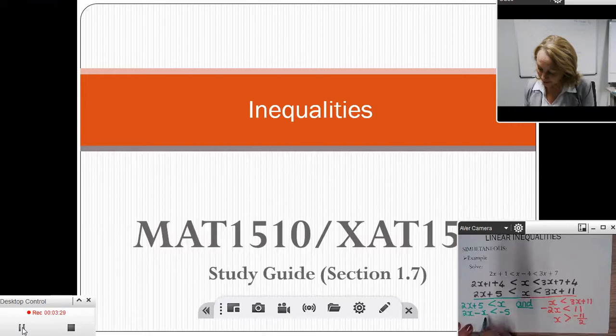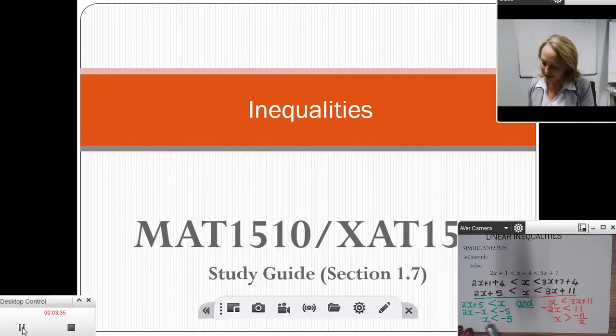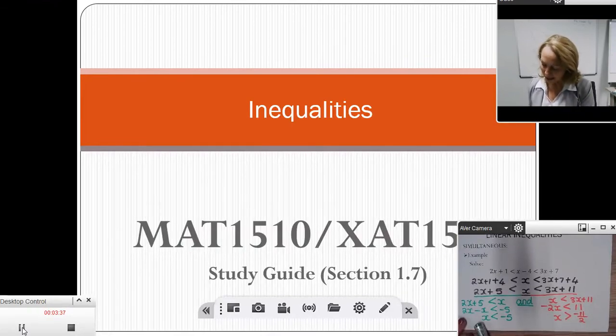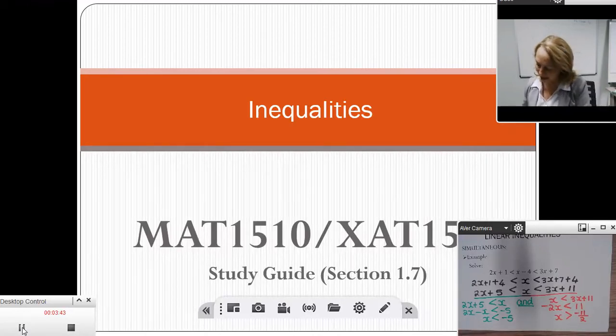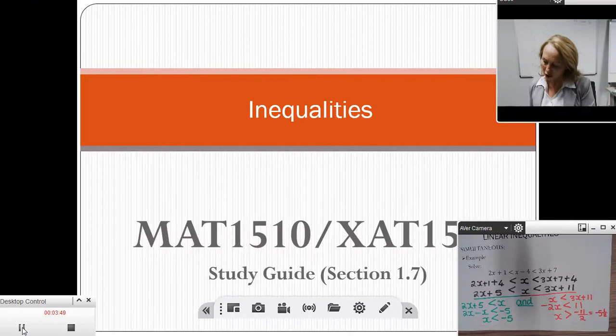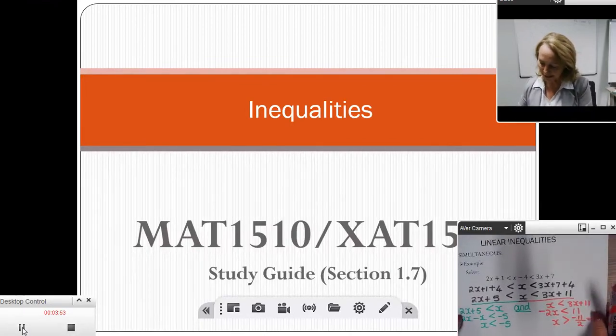That gives me x strictly less than minus 5. Right, so now you have a simultaneous solution. x has to be strictly less than minus 5 and x has to be greater than, what is this, negative 5.5. Alright, so how do we represent this solution simultaneously?